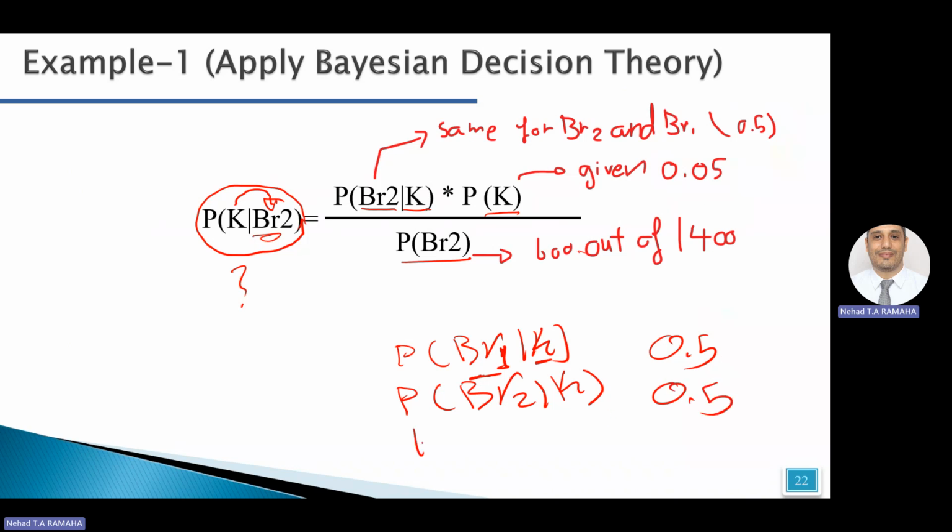What we have also, probability of K, broken egg, it's given to you, yes? It's 0.05. Probability of BR2, how to calculate it? It's the number of BR2 divided by the total number.